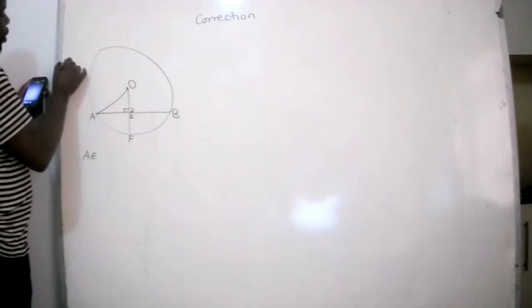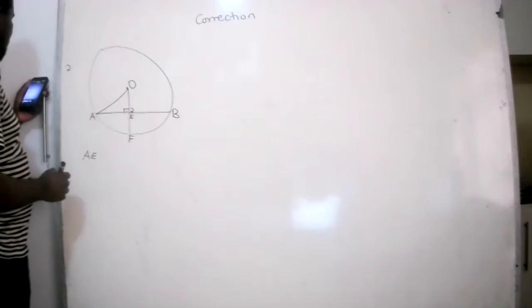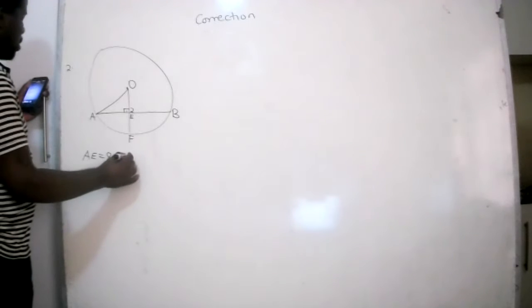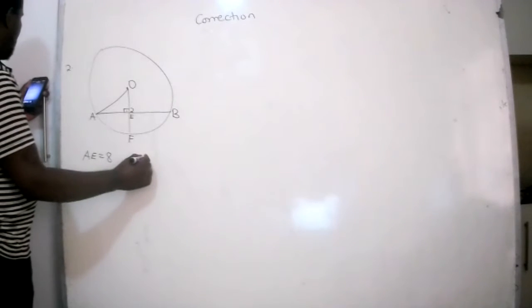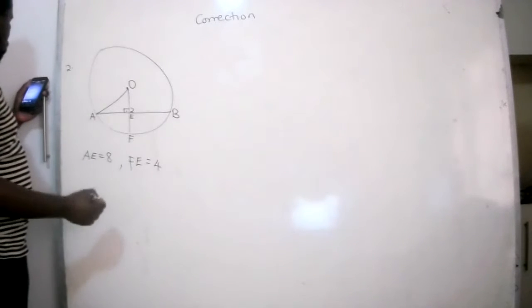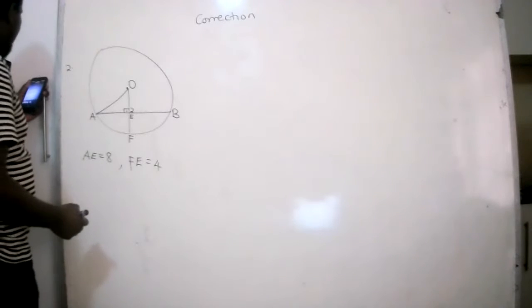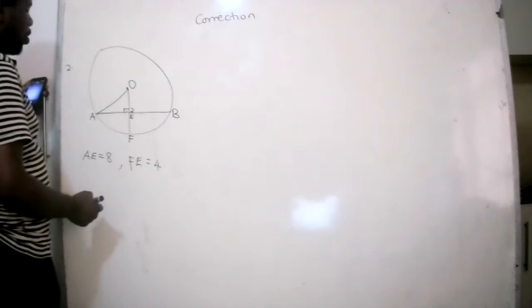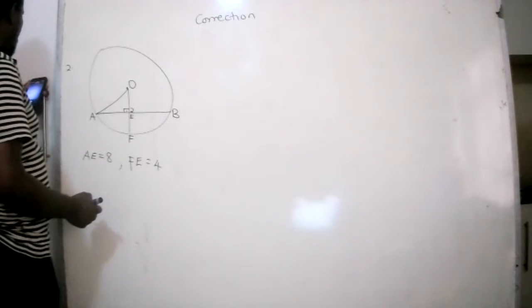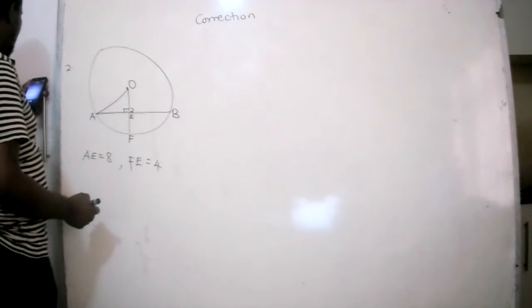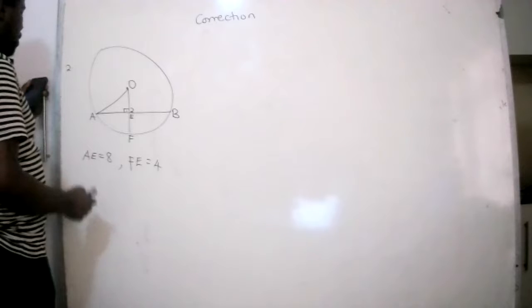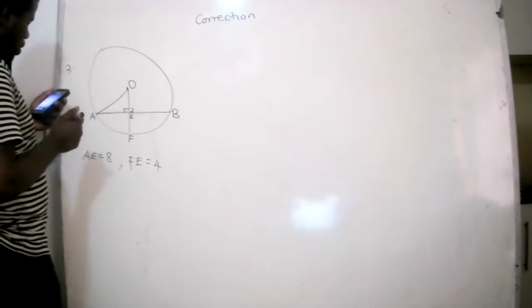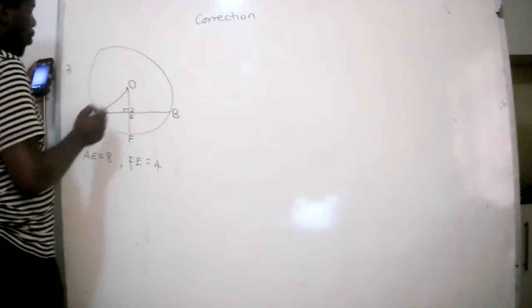So on question number 3, we are given that AE is equal to 8, FE is equal to 4. We are required to calculate the length of OE.